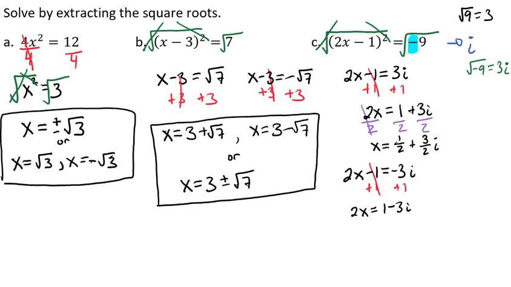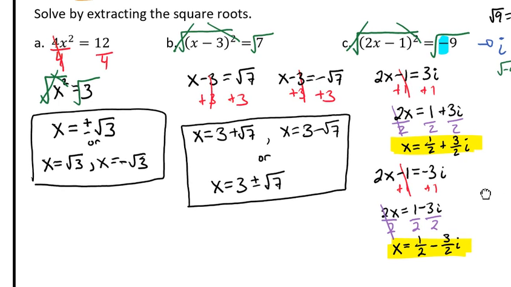But we would do it if we needed to. So now we're going to divide everything by 2, and now we have x equals 1/2 minus 3/2 i. So we see our answer here and our answer here. We could circle those, and those could be our answer.